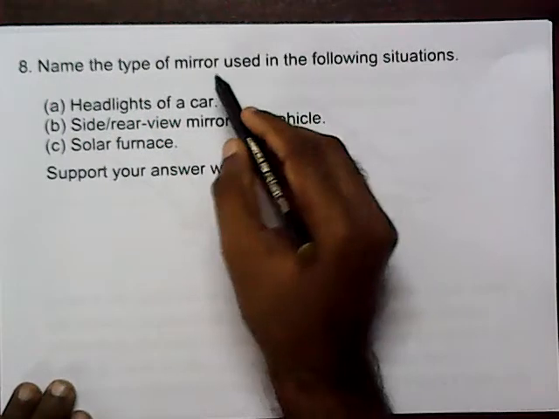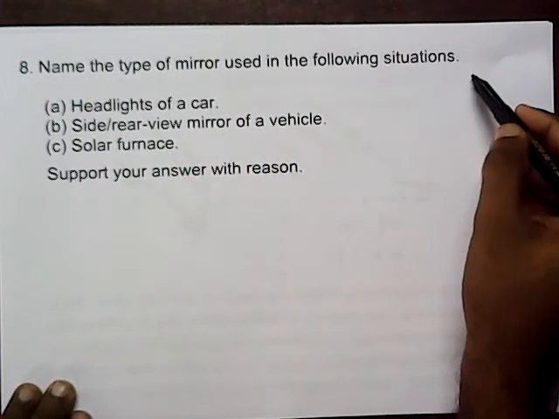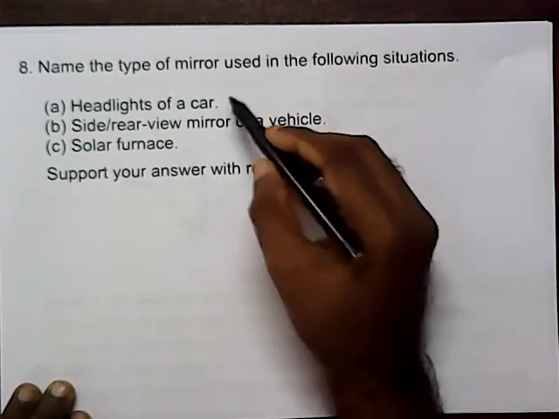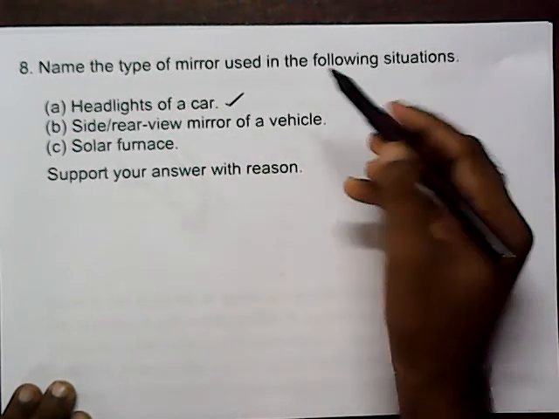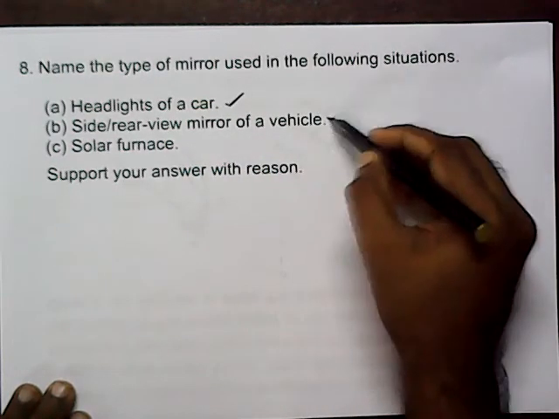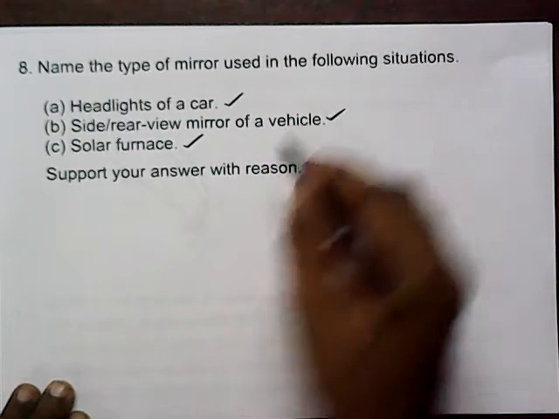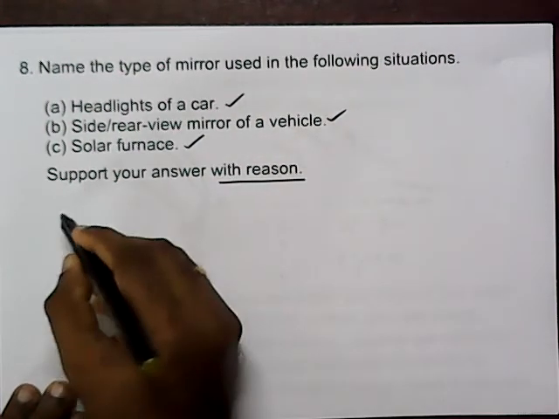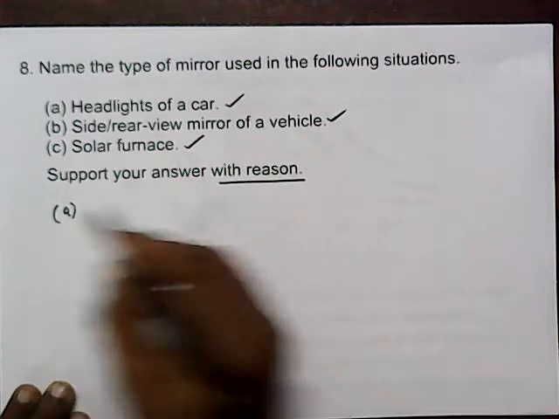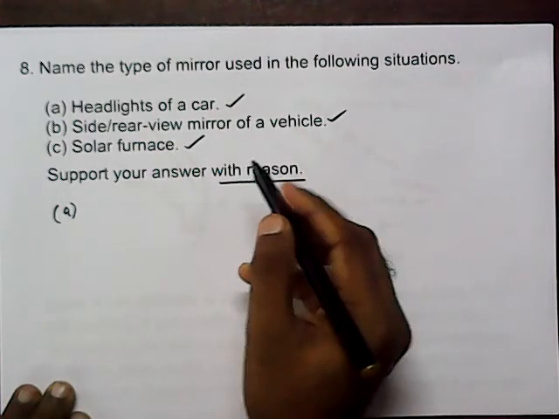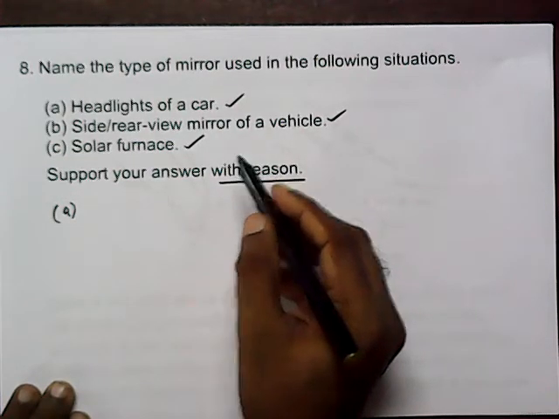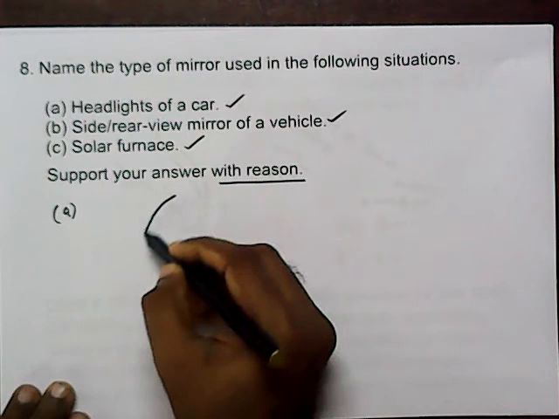Name the type of mirror used in the following situations. The headlights of a car, the rear view mirror of a vehicle, and a solar furnace. Support your answer with a reason. So we can move to the first concept. The headlights of a car. See, in the normal cases, we are using a concave mirror.